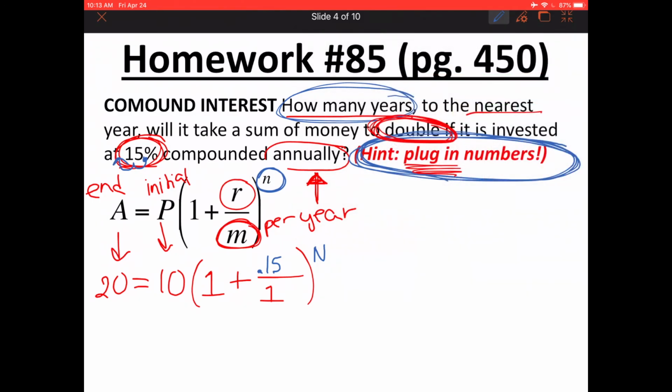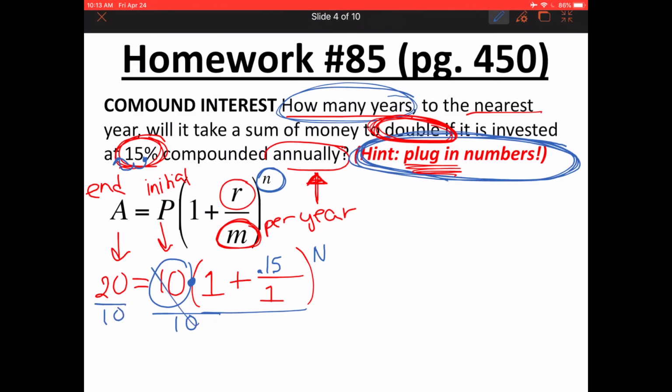All right, let's get to solving now. Okay, the first thing we want to do is get rid of this 10 because this 10 is separate from my parentheses, and I want to leave my parentheses with the variable all by themselves. So since the 10 is being multiplied, then the opposite operation would be to divide by 10.